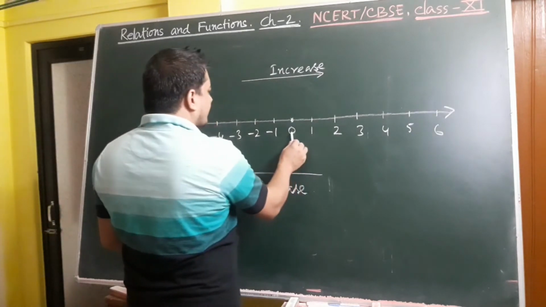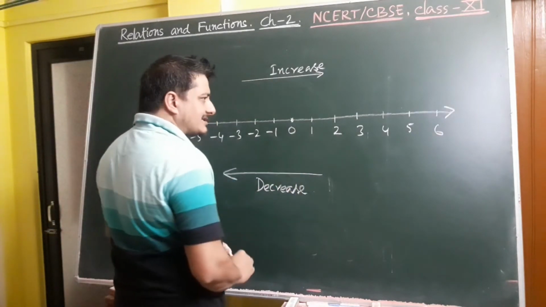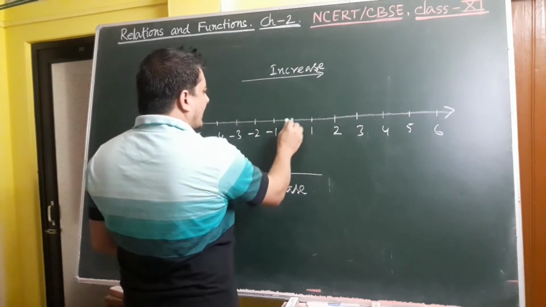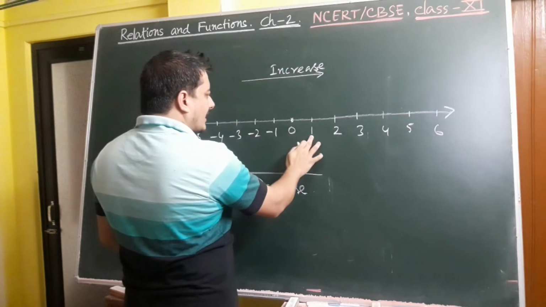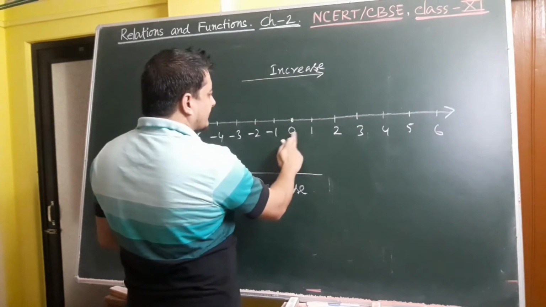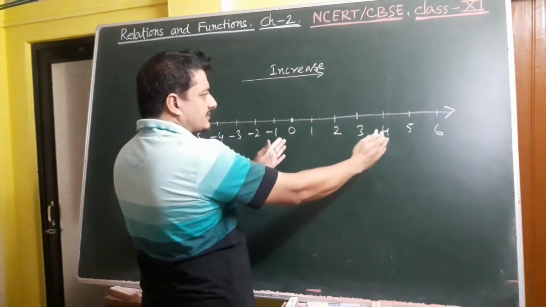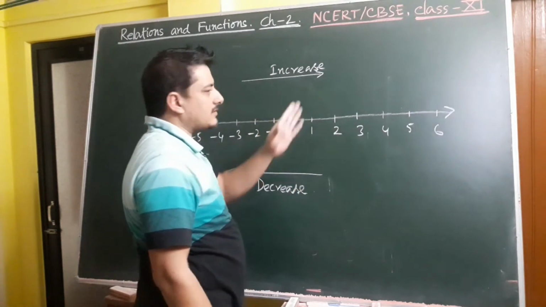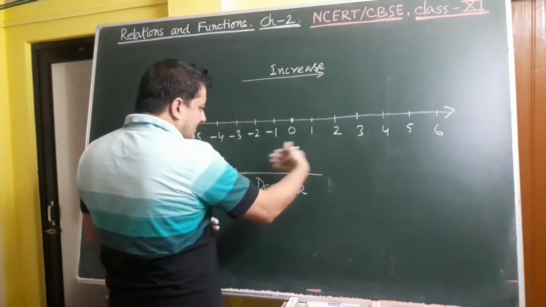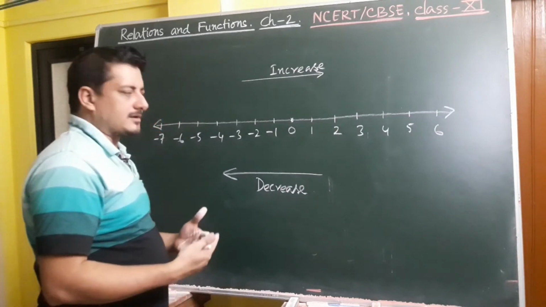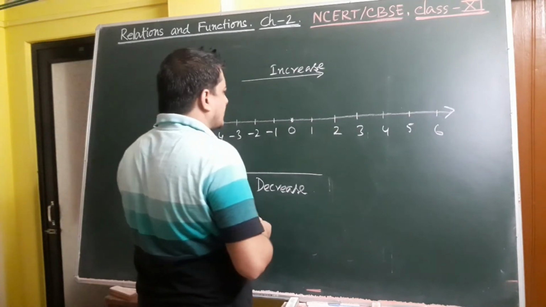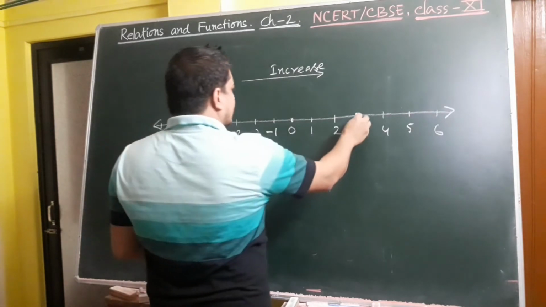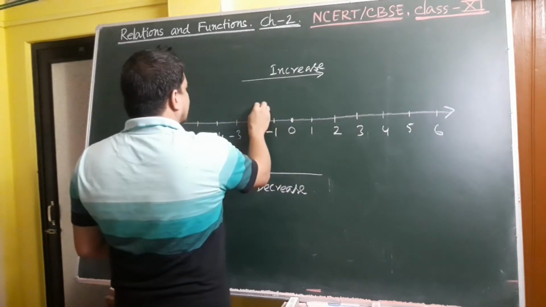From 0 and 1, which one is larger? 1 is larger. Why? Because 1 is located on the right hand side of 0. So anything to the right will be greater or larger, and anything to the left will be smaller in value.